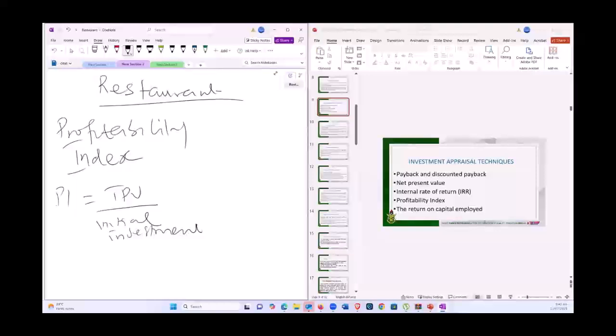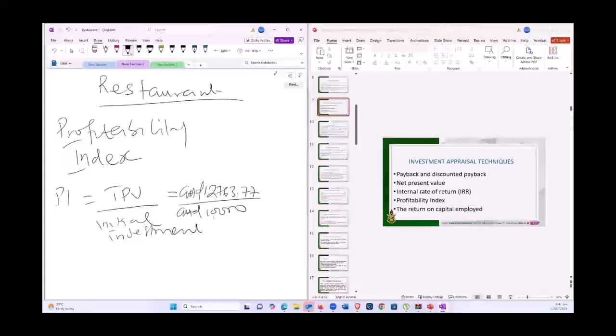What was the original total present value, the one that gave us the NPV one? 12,763.77. And the initial investment is what?